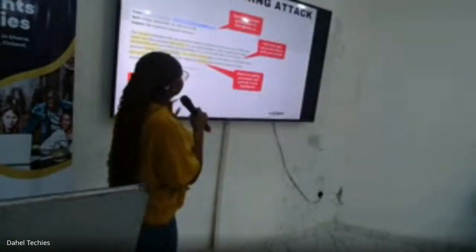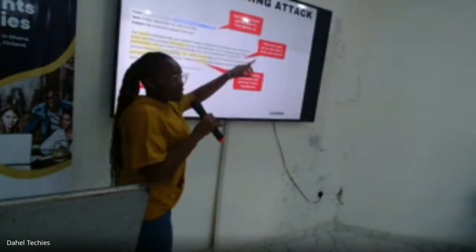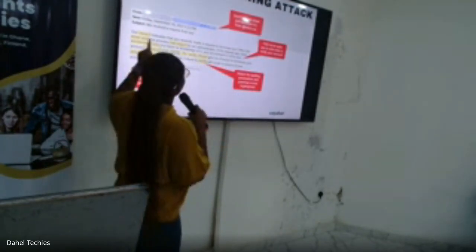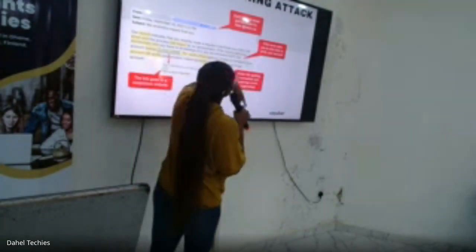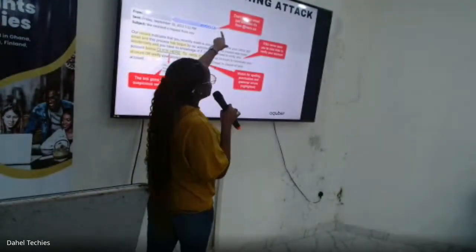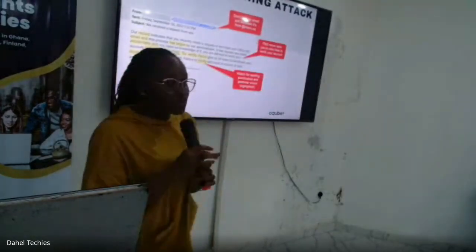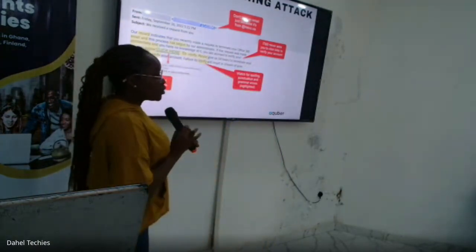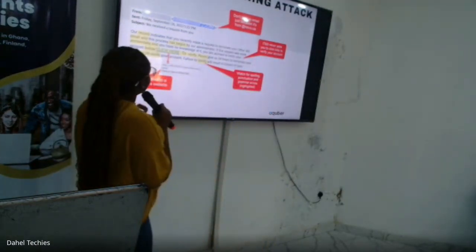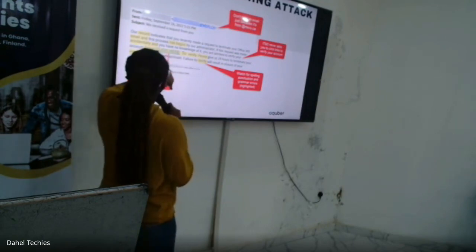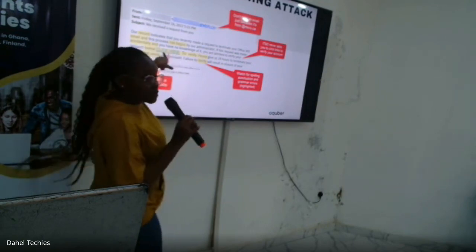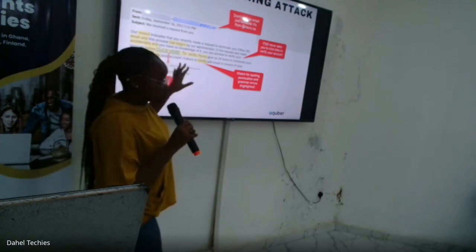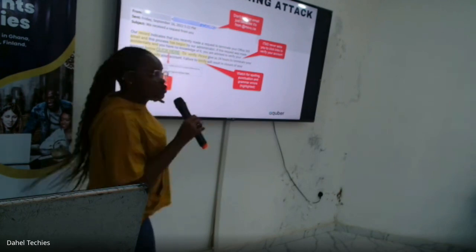But from the indications that we have here, it's showing us how we can actually spot that it's a phishing attack. And one of the ways is don't trust an email just because it looks official. There are some emails that look like they are official, but you have to stop and think every time you receive emails. Then they said here, it says the link goes to a suspicious website.